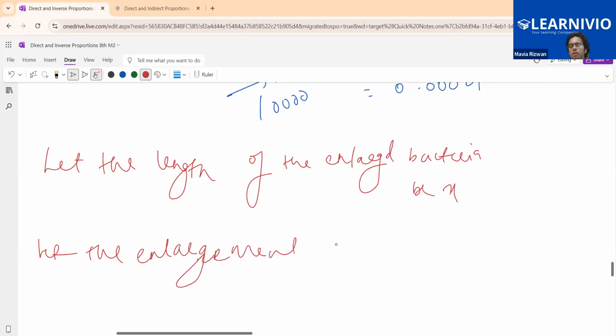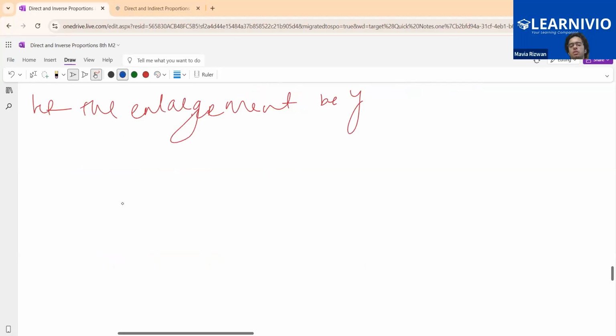I'm taking the enlarged length as x and enlargement as y. So first, the enlarged length was 5 centimeters when it was enlarged 50,000 times.